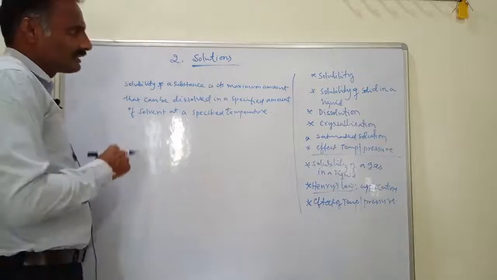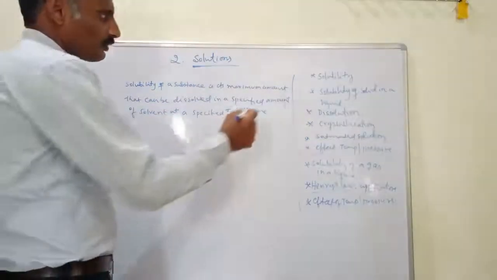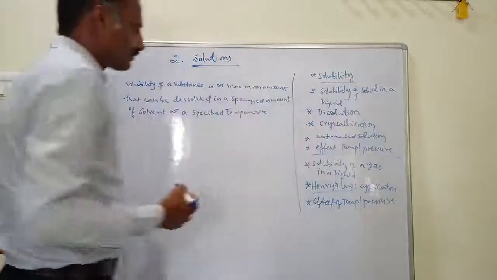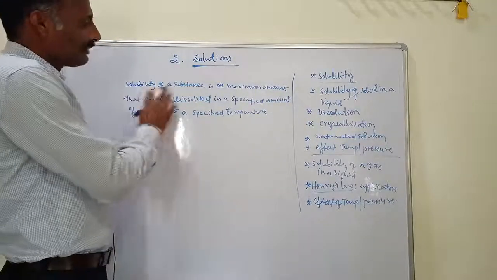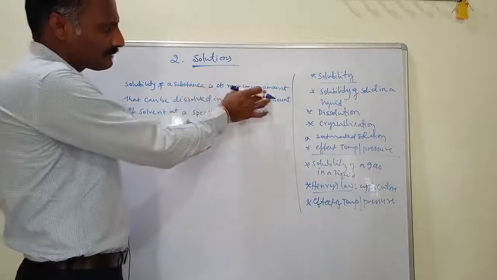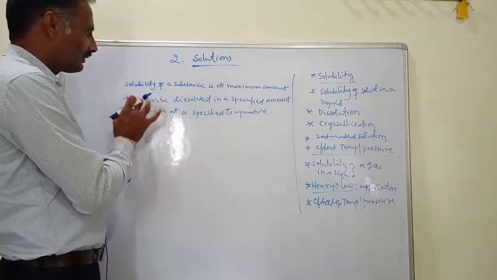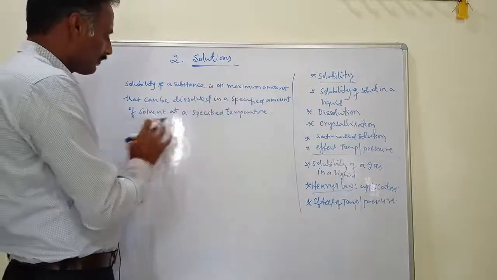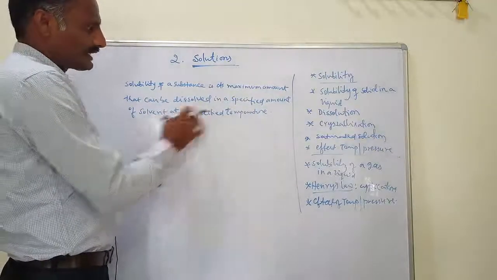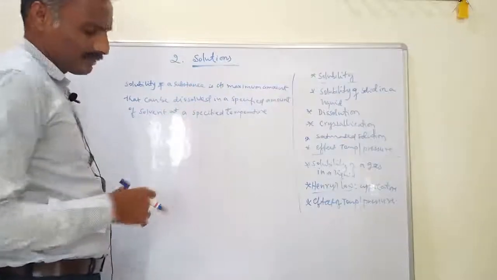Then, what is meant by solubility? Broadly speaking, the solubility of a substance is its maximum amount that can be dissolved in a specified amount of solvent at a specific temperature.